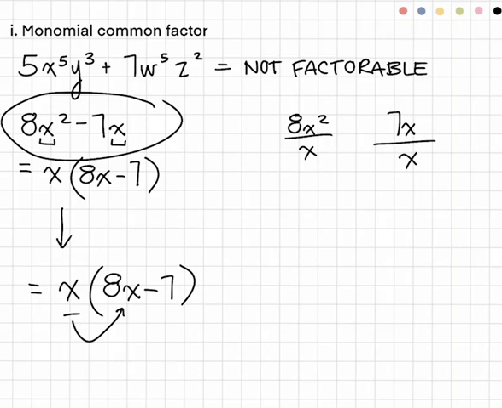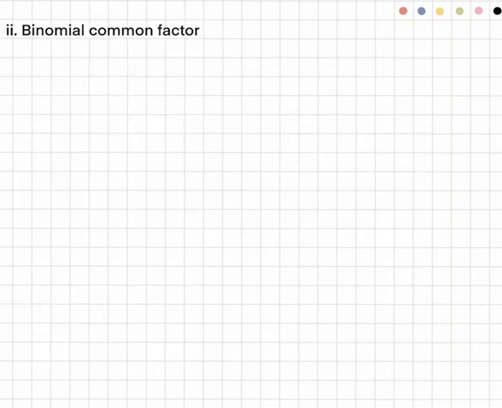Just use whatever method works best for you when it comes to the visualization of factoring whatever you're working on, whether it's a monomial, binomial, etc. Okay, let's look at a binomial common factor.